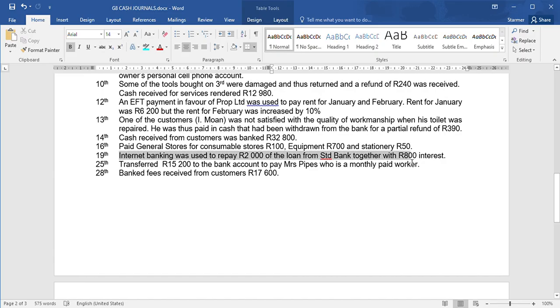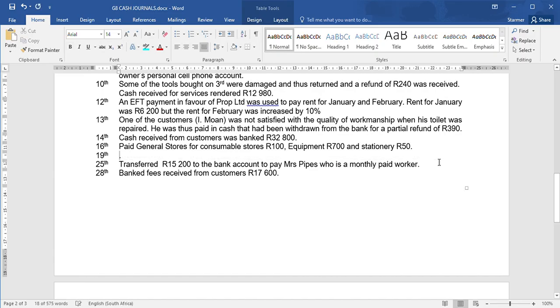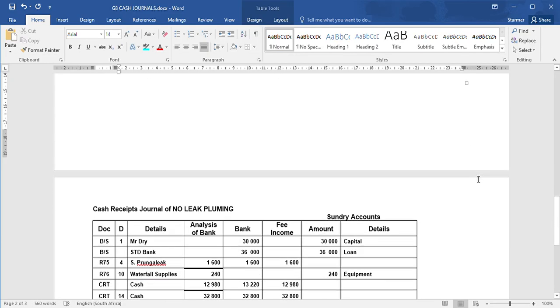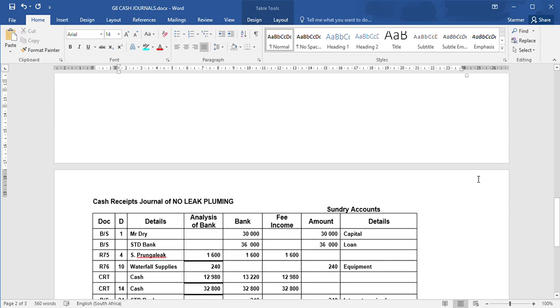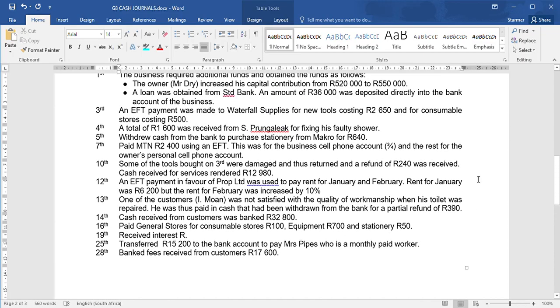So you can just delete that and just say received interest. That's what should have been typed there. And the amount of interest that we received there was 240. So we received interest of 240 Rand from Standard Bank. Okay, apologies for that error there.